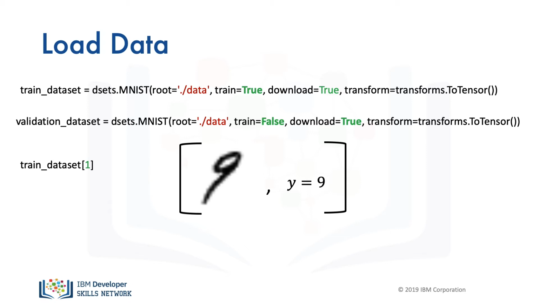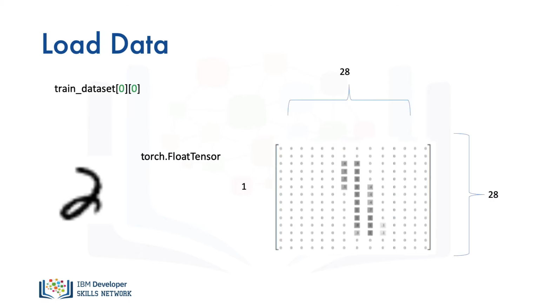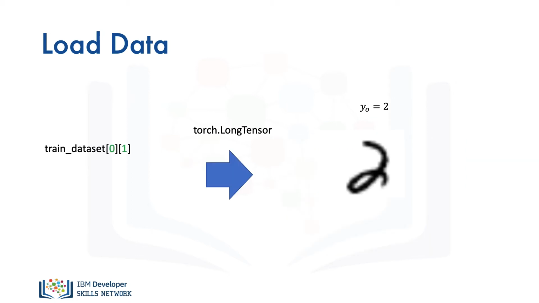Thus, all elements of the training dataset will be in this form. Now, let's take a closer look at the single tuple of the training dataset. The first element of the tuple is a 28 by 28 float tensor of the image. And the second element contains a long tensor, which is the actual class of the image. In this case, the image is 2, so the second element of the tuple will be a 2.